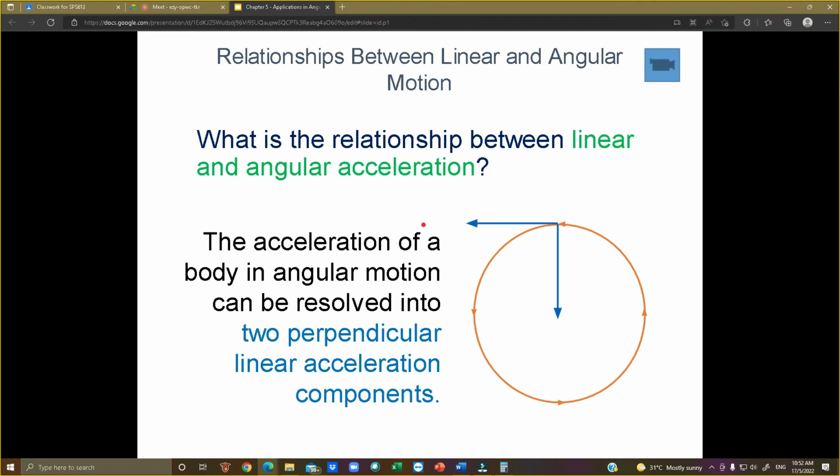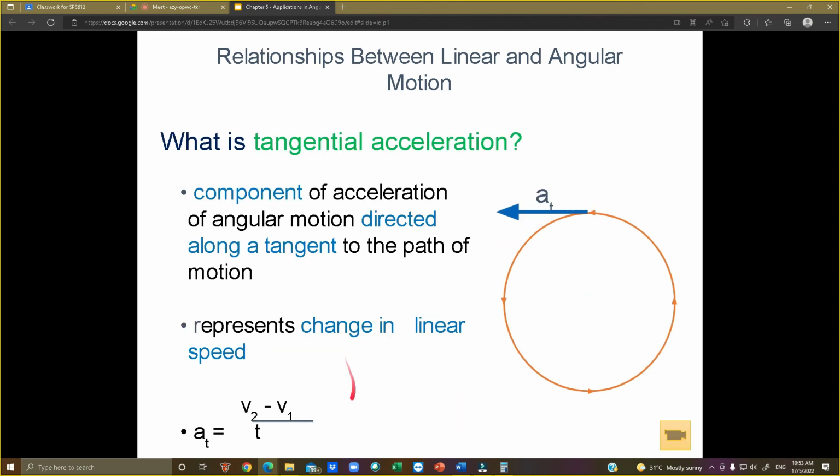Dekat bahagian yang paling lonjong tu lah tangent acceleration paling besar, radial paling kecil. Dekat bahagian yang paling rapat dengan axis, radial acceleration paling besar. So tangent acceleration kecil. But if these two acceleration is equal in term of numbers, you are going to get a good curve rotation. Okay, ini persamaan dia.